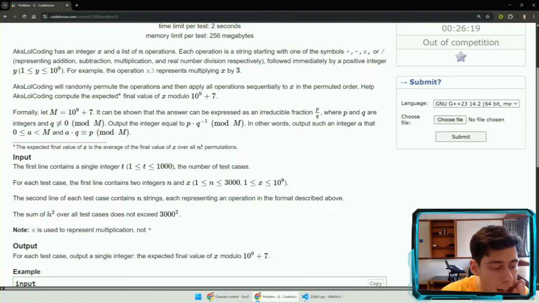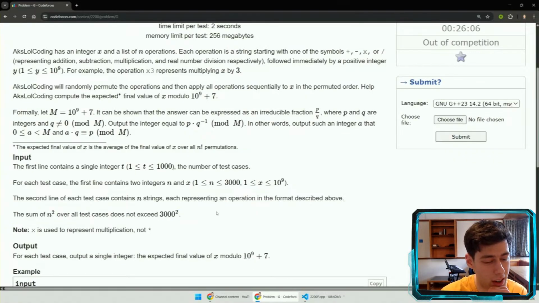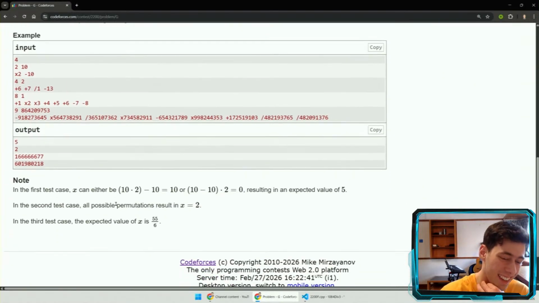The sum of n squared over all test cases does not exceed 3,000 squared. What? Why are they saying it that way? N squared doesn't exceed 3,000 squared. Okay, so basically an n squared solution is fine, is what they're trying to say.